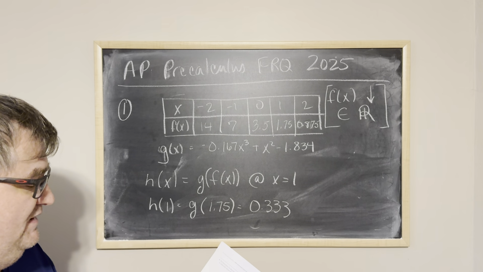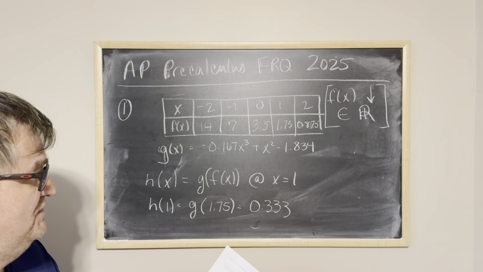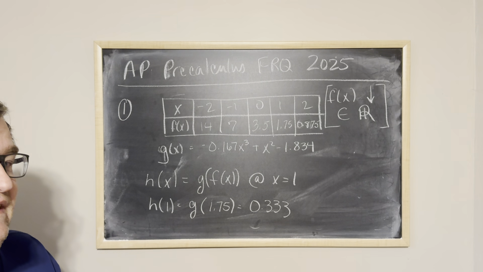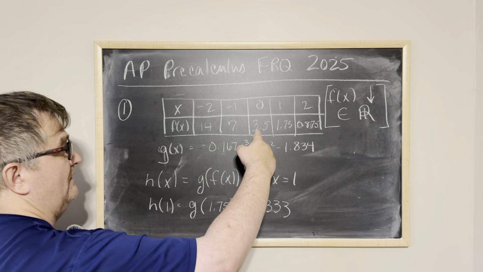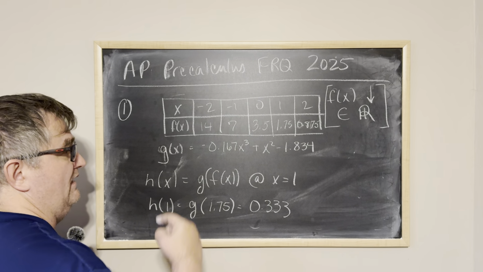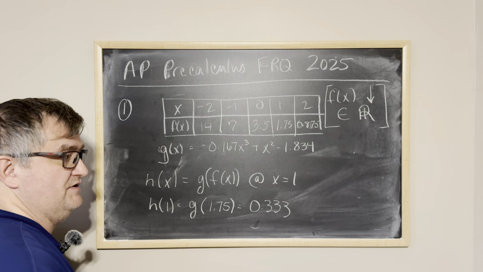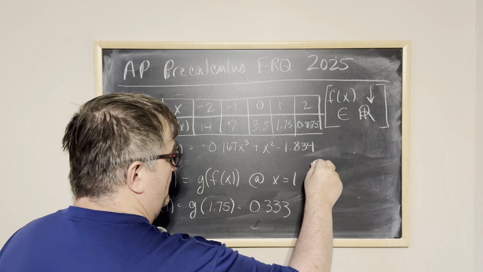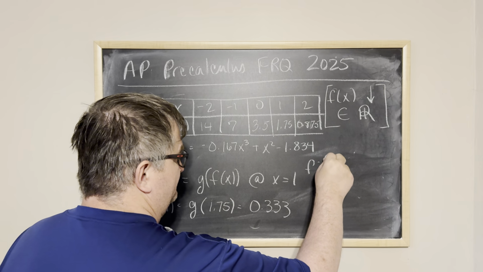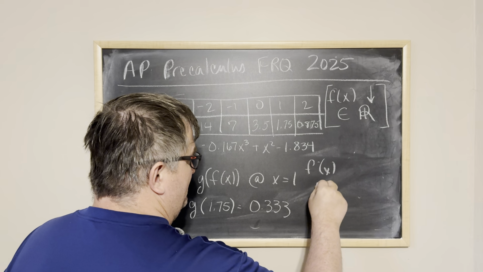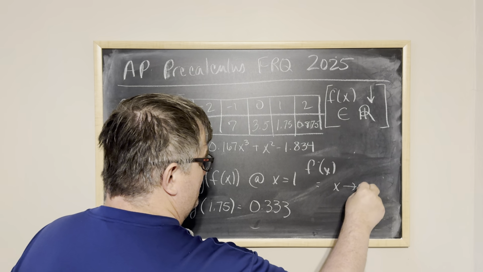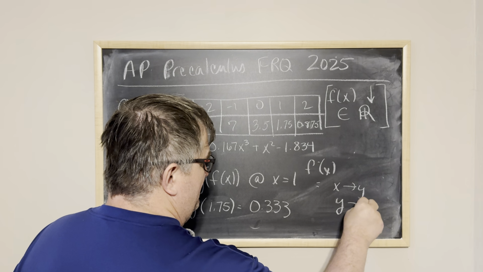The other question is find f inverse of 3.5, or indicates not to find. Is do you understand inverse? So inverse simply means x becomes y, y becomes x.